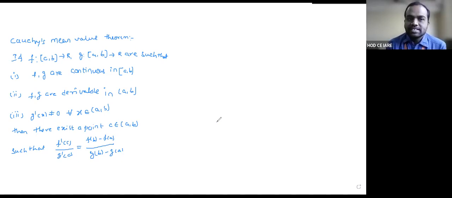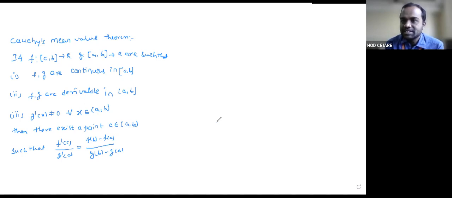Okay, Cauchy's mean value theorem. Before this we discussed Rolle's and Lagrange's theorems. In Rolle's theorem, compulsorily three conditions must be satisfied. The first condition is a single function, any single function f of x, f mapping the closed interval [a, b] to R. The first condition is that it is continuous in the closed interval [a, b].